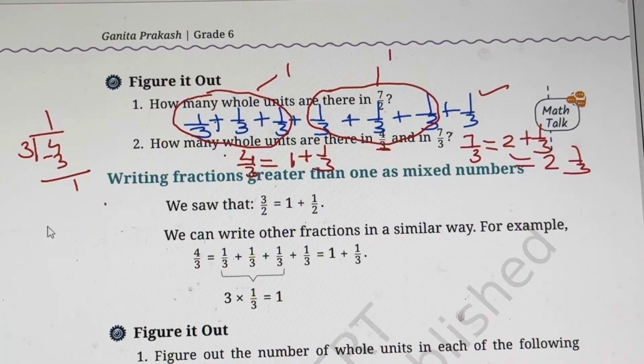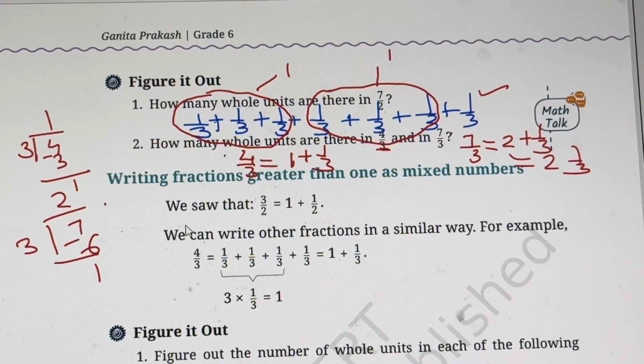And if I divide 7 by 3, so 3 twos are 6, 1 left. So here you are getting the quotient as 2. So 2 whole and 1 upon 3 is left. So in both the ways you get the same answer. But I want you to understand it this way. What does it mean in the real life scenario? Then it would be easier for you to understand.